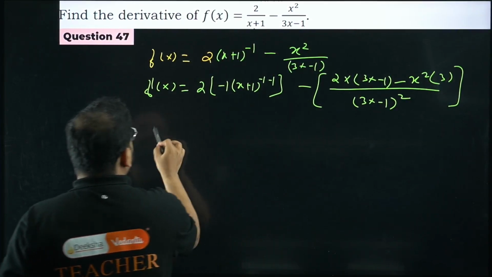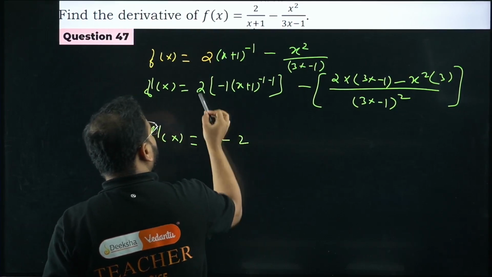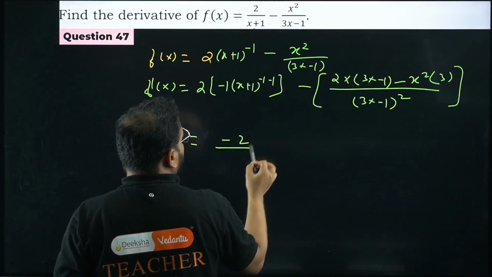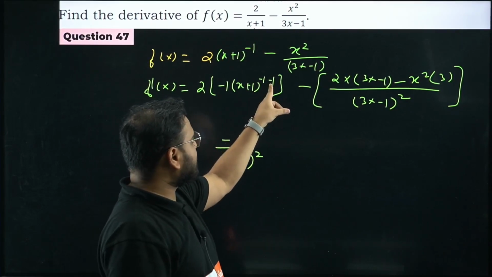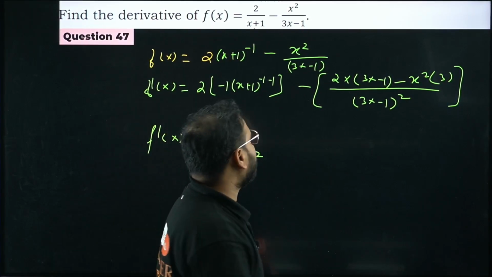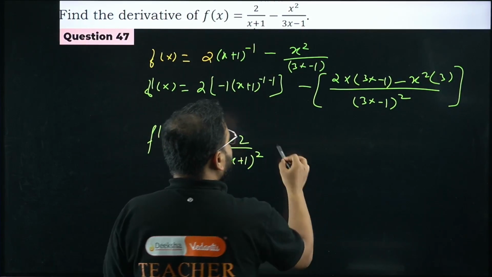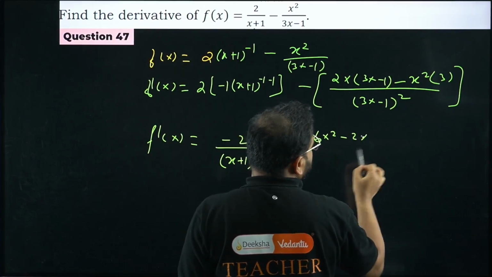Okay. Please check. What I'm getting over here is minus 2. Minus 1 into this. Minus 2 upon x plus 1 the power 2. How come, sir? Here the power is minus 1, no? So minus 2 will become 2 in the denominator. Agreed? Okay, the rule of exponent. Chaliye, what else I have over here? It becomes 2x into 3x is 6x square minus 2x.